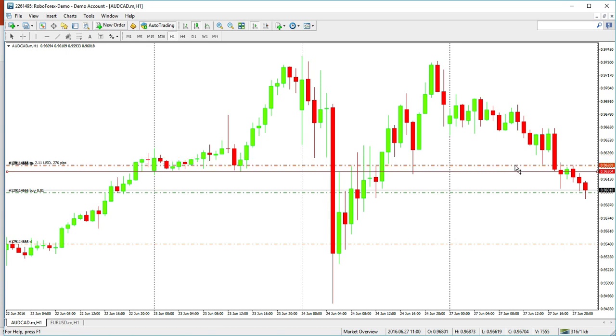So the EA will be moving your stop loss upwards, and it will be moving your take profit upwards also at the same time, if the difference is x number of pips which you will specify in your inputs. So it becomes a grid.